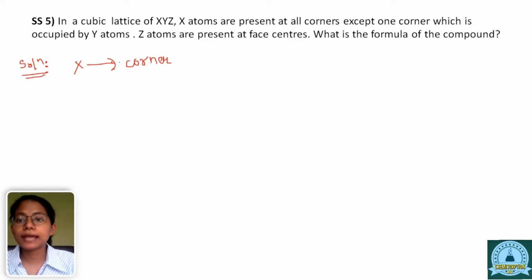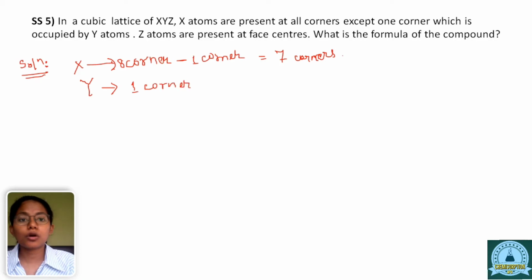So of the 8 corners, one corner is missing. So total X is present on 7 corners, and the Y atom is present on 1 corner, and Z atoms are at the face centers.